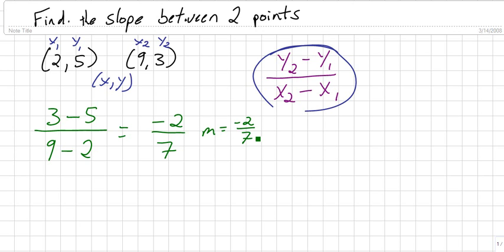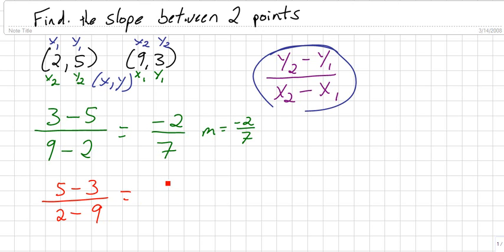Now notice, that's when we use this. But what if I say, just for giggles, this is my x1? Well, then this has to be my y1 coordinate. And this would be my x2, and this would be my y2. Let's see what we get in that case. In that case, my numerator is 5 minus 3, over 2 minus 9.